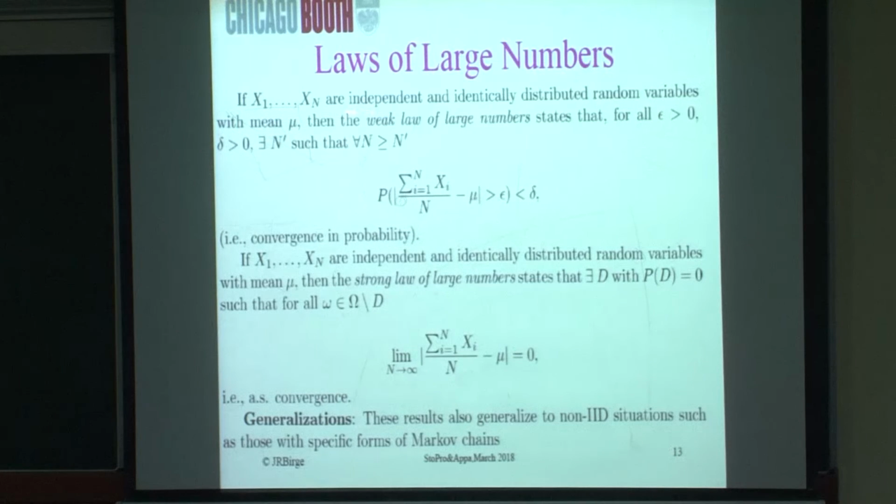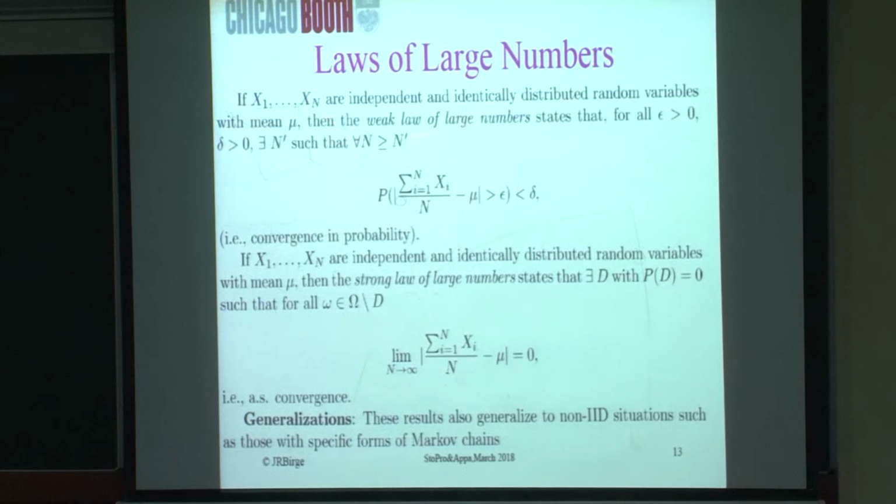So as long as they have a mean, and I take independently and identically distributed random variables, if I take their average, then the weak law of large numbers says that the chance of the average being different from the mean by more than epsilon is going to 0.